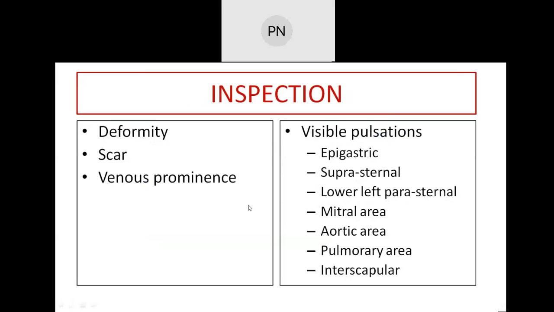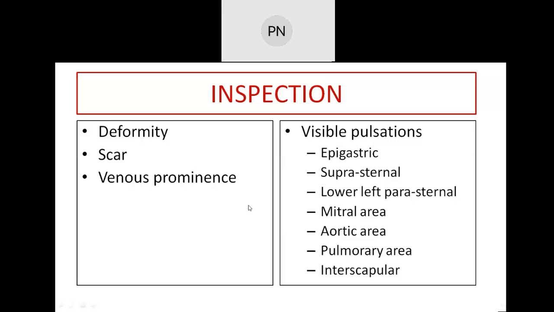So you may get epigastric, lower left parasternal for right ventricular hypertrophy, mitral for the heaving apex or the hyperdynamic apex. For pulmonary area, you can get one impulse for pulmonary hypertension. So essentially, the extra thing over mitral stenosis that you get on inspection is the apical impulse. Apical impulse is not present in mitral stenosis because the left ventricle is not enlarged.